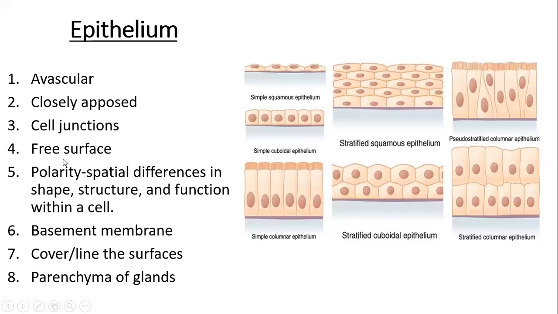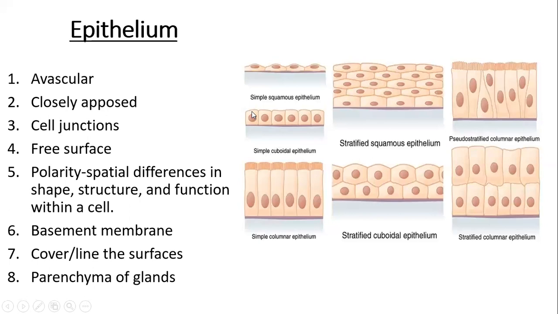Free surface. What does this mean? The free surface is the uppermost or the apical surface of epithelial cells when they are arranged in a line in a layer, so that their superior surface reaches either the lumen of the organ which they are lining or the surface of the body, and their inferior surface rests on a basement membrane.